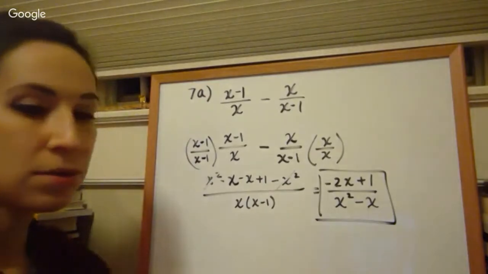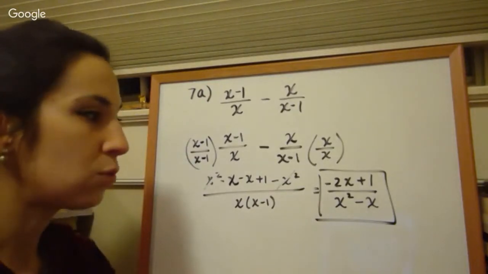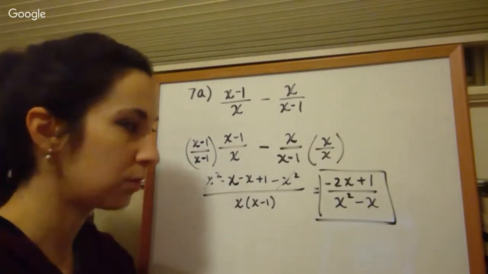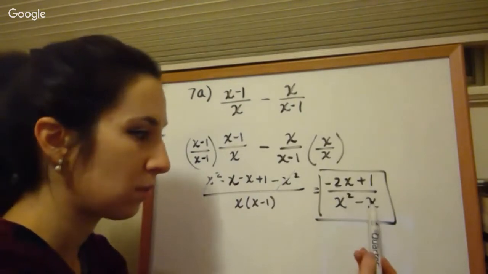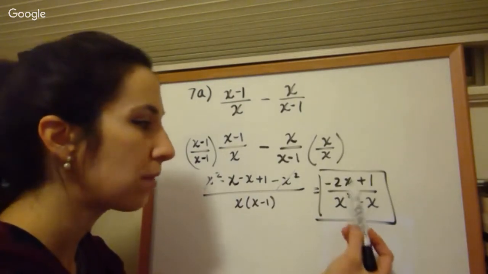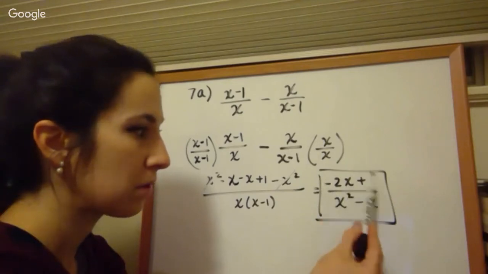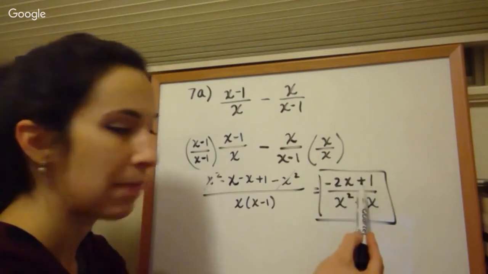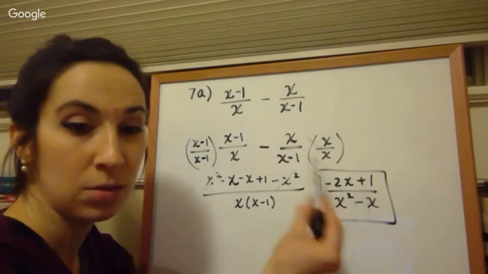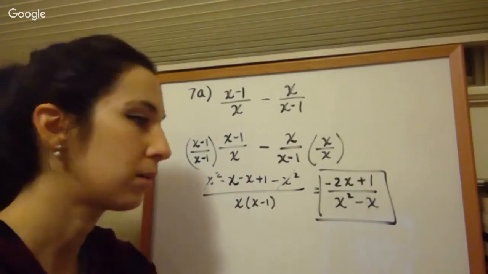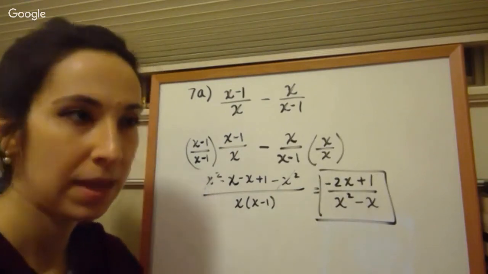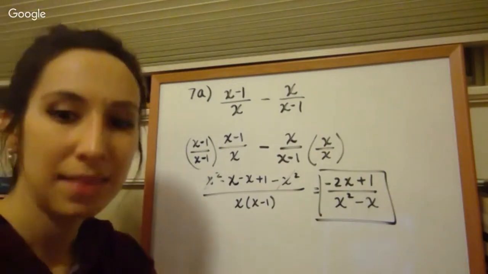Okay, I know there's a lot of x's hanging around, but you cannot cancel any of those. You can't cancel this one with this one, or this with one of these, because this x is part of the numerator, separated by an addition sign. Okay, so when there's addition or subtraction, you can't go canceling terms. If there's multiplication, then you can.